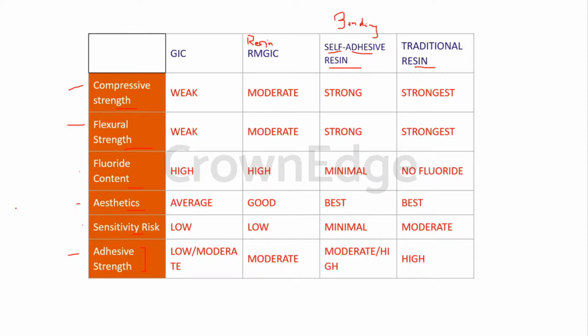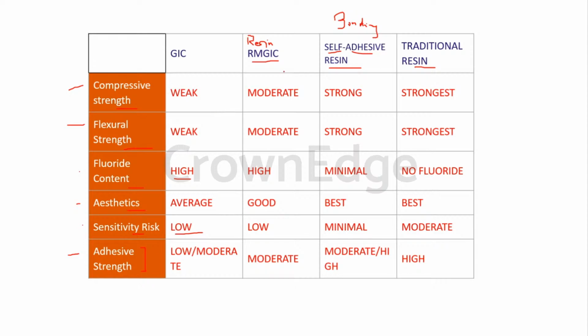So what the manufacturers did was start joining the good properties of GIC. As you can see, GIC has a very high fluoride content and a very low sensitivity risk. So the manufacturers started mixing a resin cement with a GIC, and that is how resin modified GIC was created.